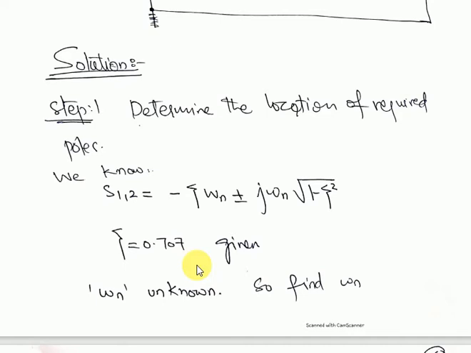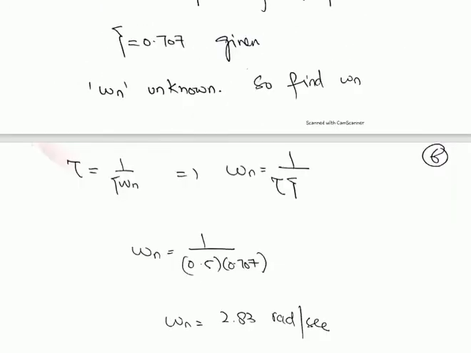So s1,2 is equal to minus zeta omega n plus minus j omega n under root 1 minus zeta squared. This is the equation we learned in chapter number 4. As we have been given zeta 0.707, but we don't have omega, first we will find omega so that we can find the poles. So tau is equal to 1 by zeta omega n.